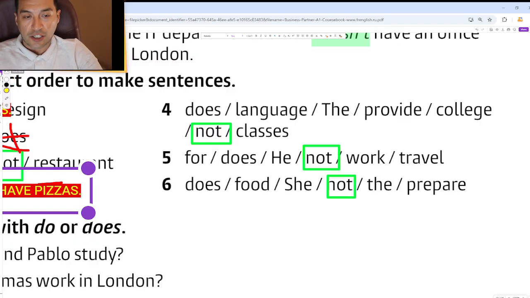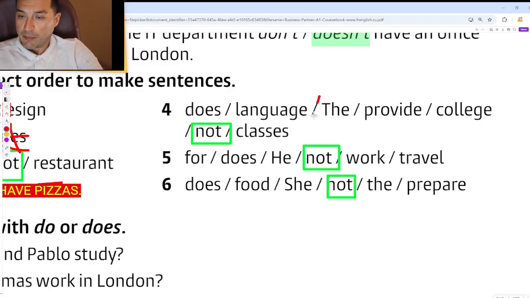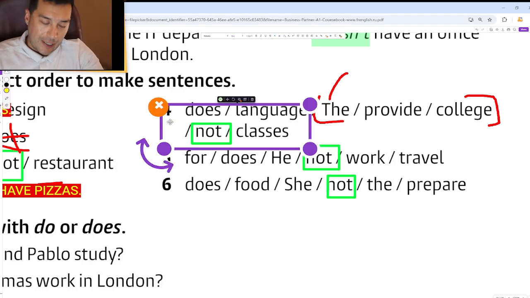The college. We don't have any people here, but we have the college. And as you can see, the letter T is capital. So that's a little tip. That's the first word.